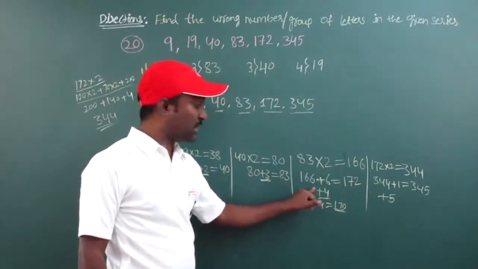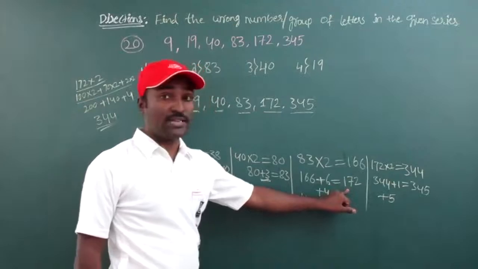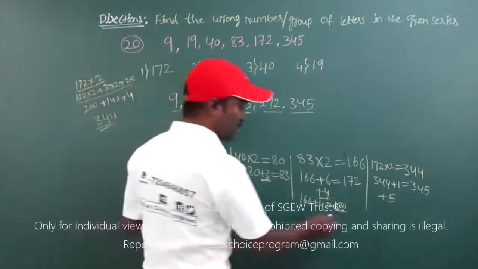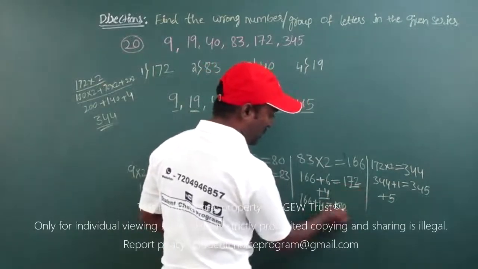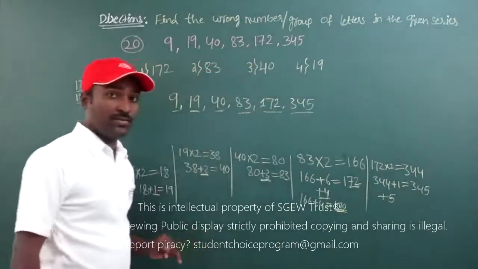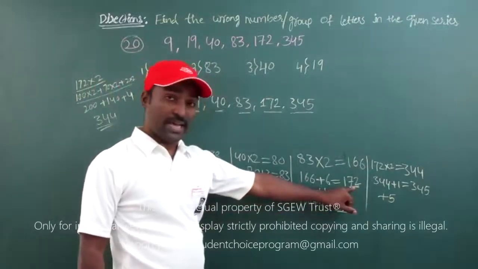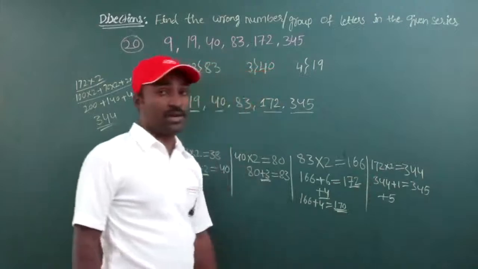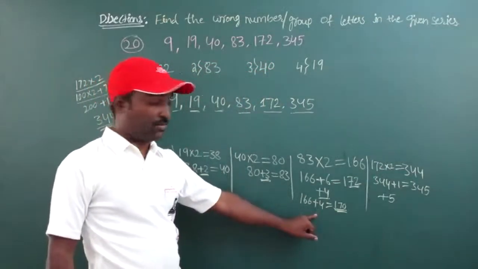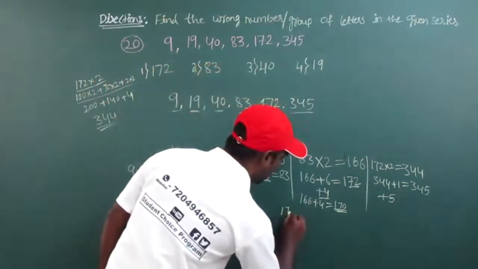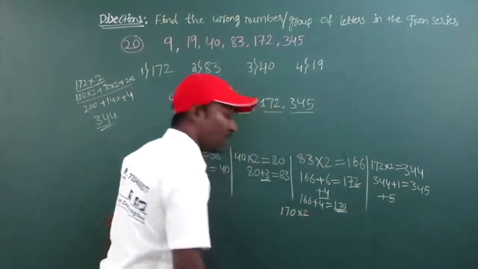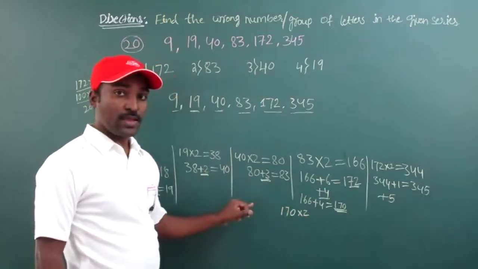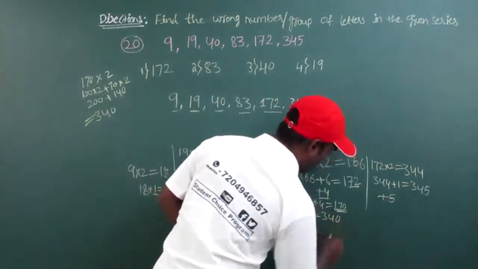I am considering this number, 172, as the wrong number. But cross-check: if I take 172 as 170, then I should get 345 by using the same relationship. 170 into 2 gives me 340.